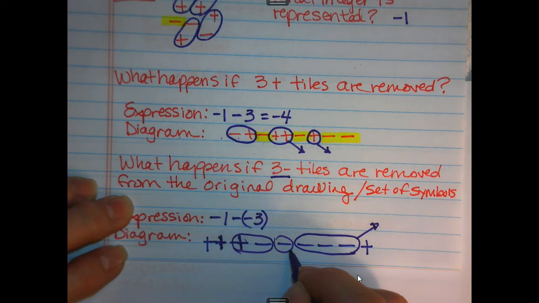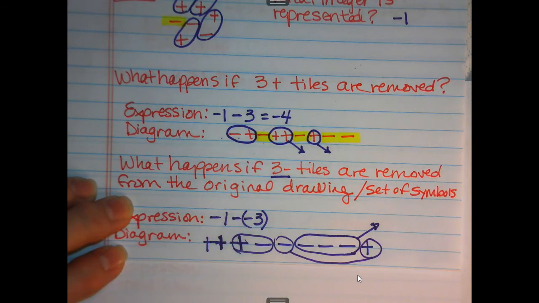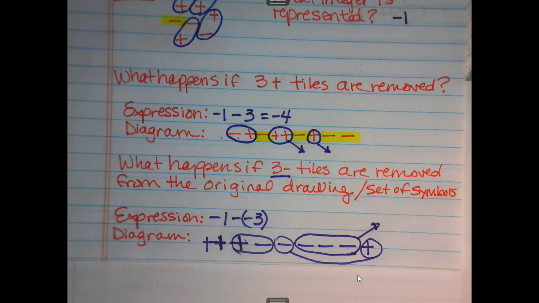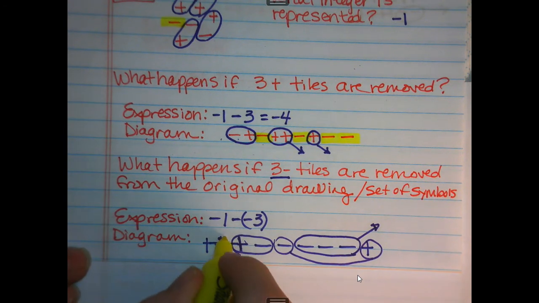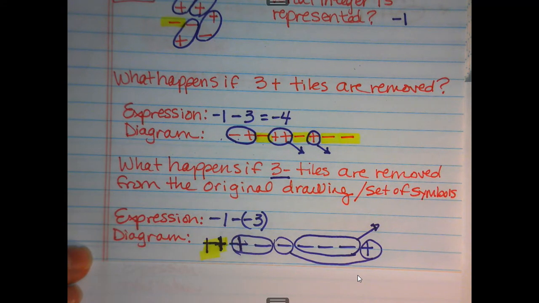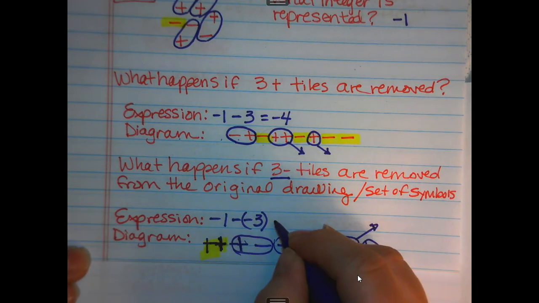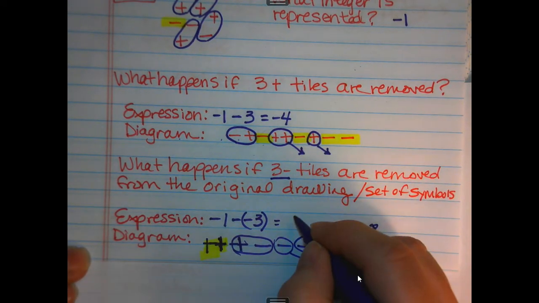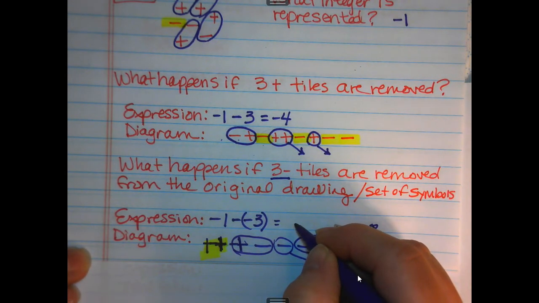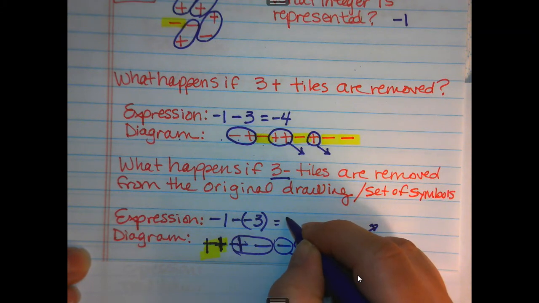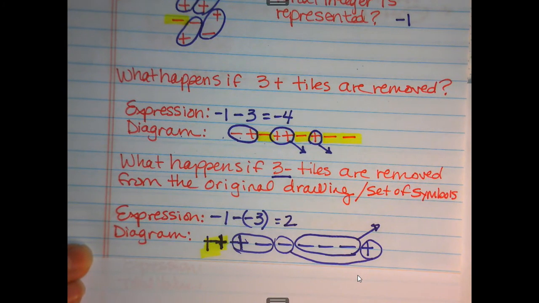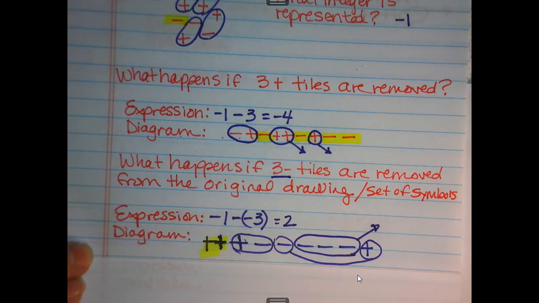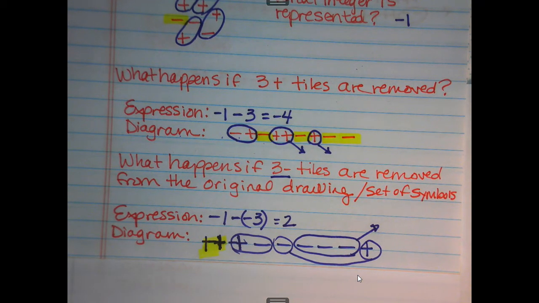I'm going to take this one, match it up with that one, and what I end up having left is two positive tiles or two positive symbols. So negative 1 subtract negative 3 gives me positive 2. And for some of us, that's pretty mind-boggling when we think about how it works. Some of us know some tricks, but when we actually see it in action, it's a little confusing for our brain.